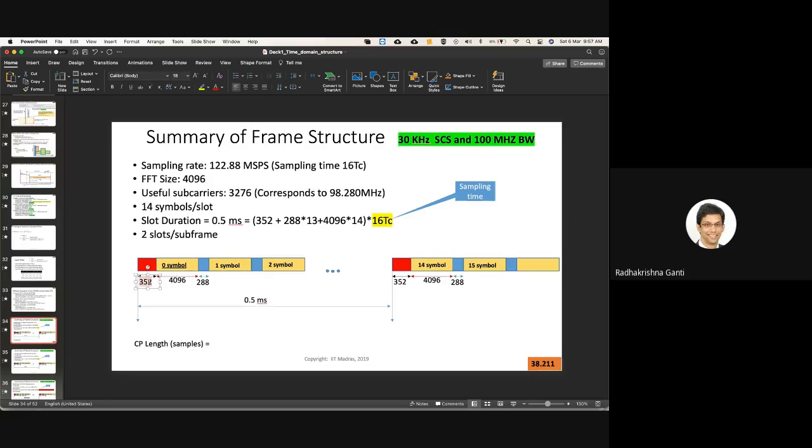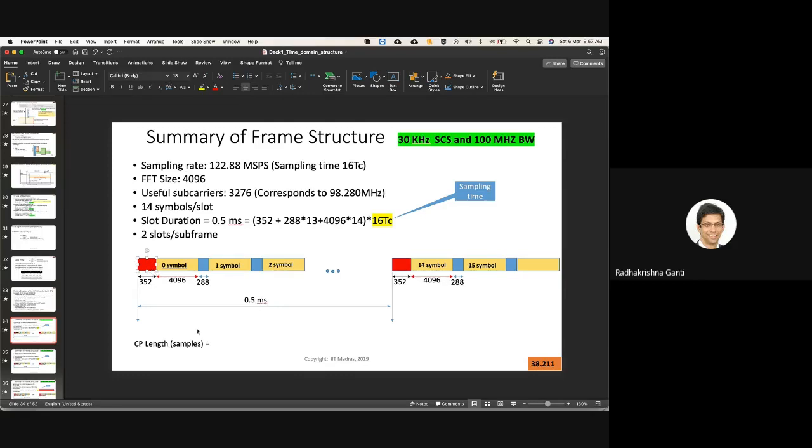Is this clear? If this was 288, there will be a small gap of 64 Ts, 64 into 16 Tc, between two slots. To avoid that, they just extended the cyclic prefix of the first OFDM symbol.